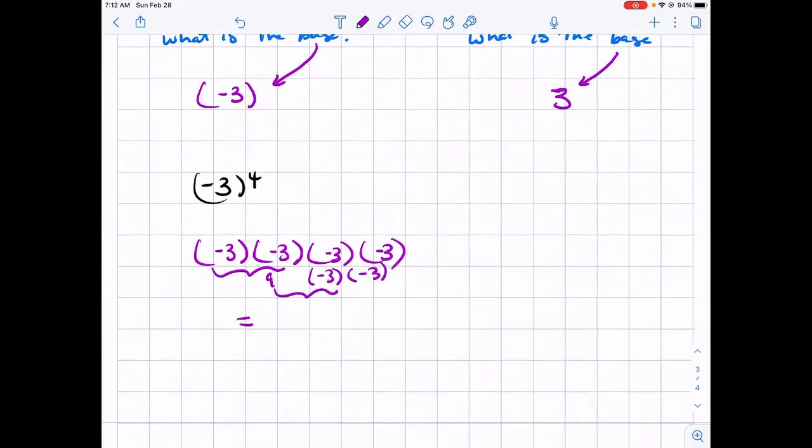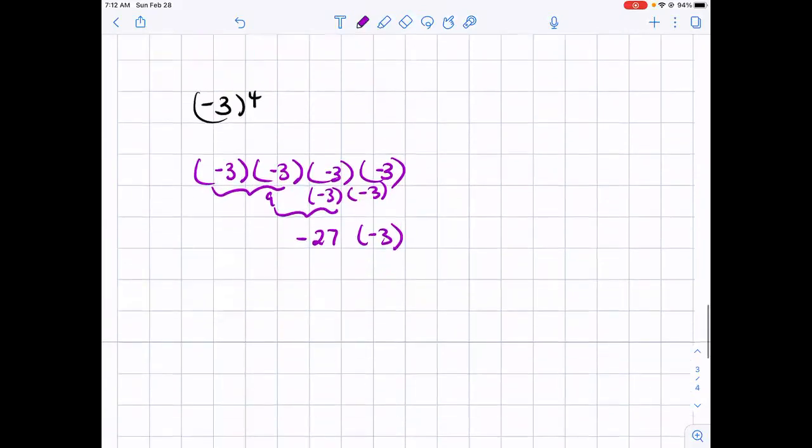So if you multiply these two, negative 9 times negative 3 is 27. And if you multiply that by negative 3, negative 27 times negative 3 becomes positive 81.